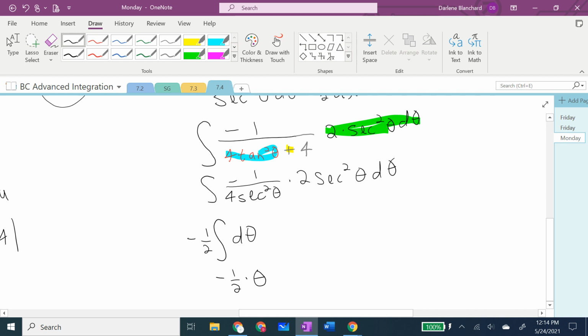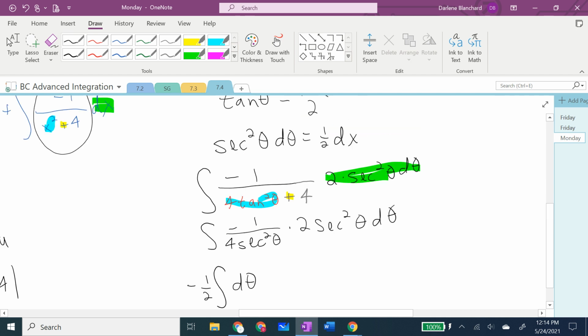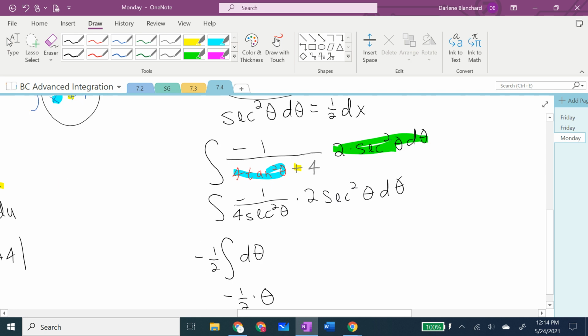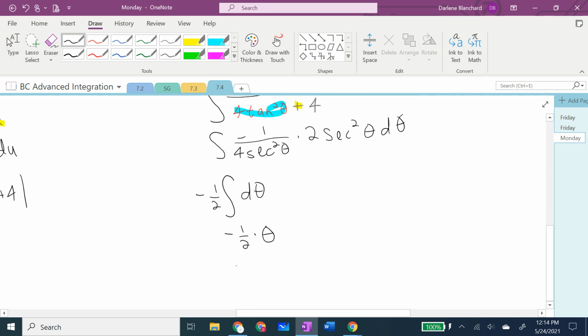And then go back to the original substitution. What is theta? Inverse tangent of x over 2.